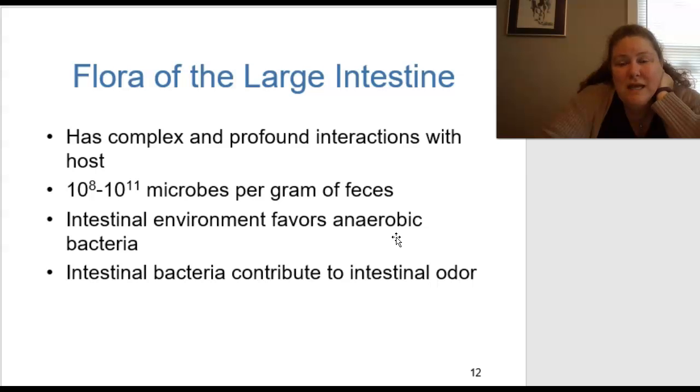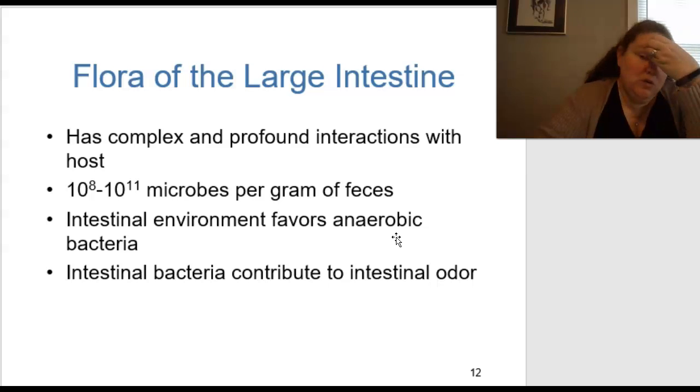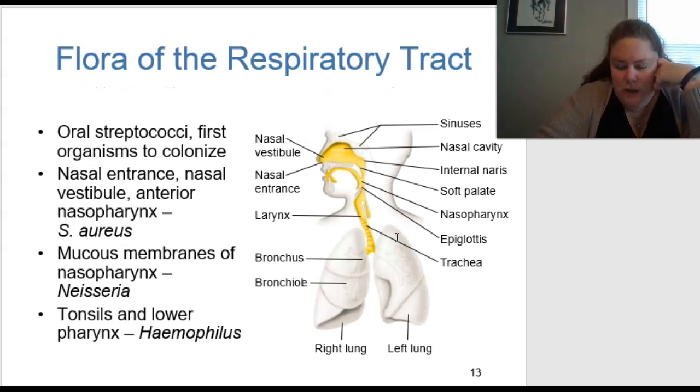So we're going to have those anaerobic ones, the ones that grow without oxygen. And then the intestinal bacteria contribute to intestinal odor. Have you ever noticed that depending on what you eat, your poop smells different? This is why, because different ones are going to grow and thrive depending on what nutrients they have to grow off of.